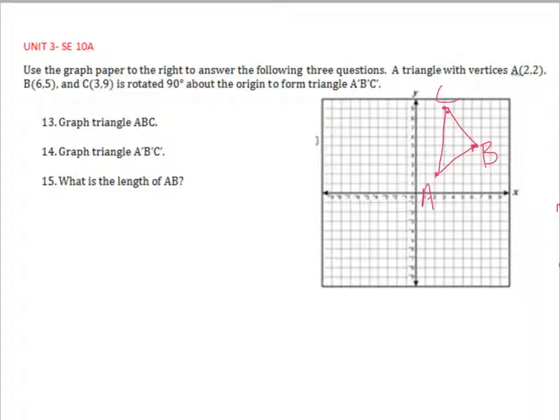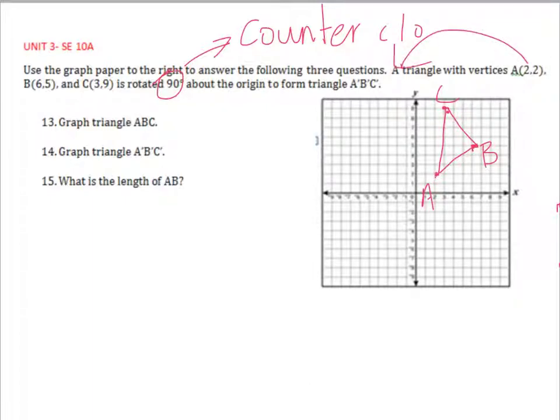We rotate it 90 degrees, and when there's no clockwise or counterclockwise, we assume it's counterclockwise. So that's going to be rotating at 90 degrees that way. So it's going to end up over here in this quadrant.